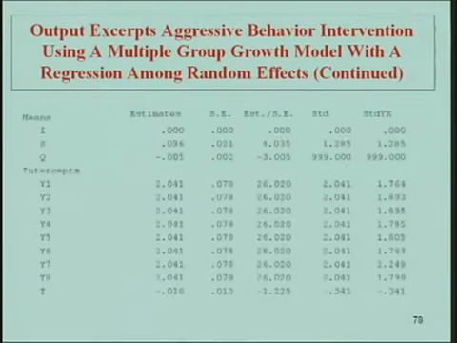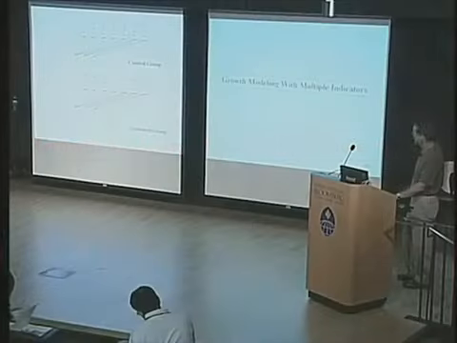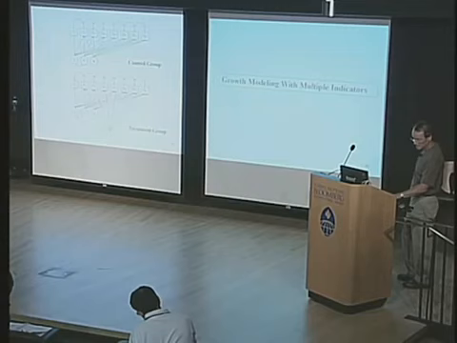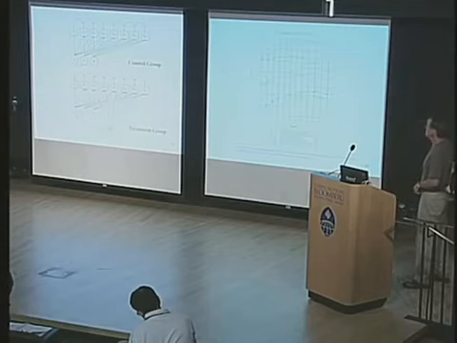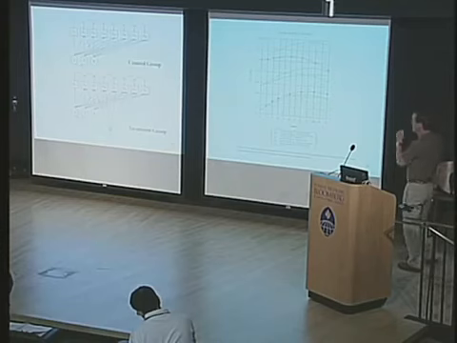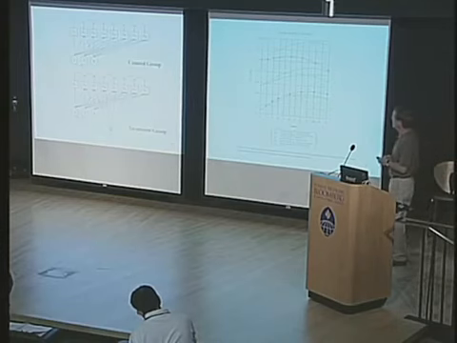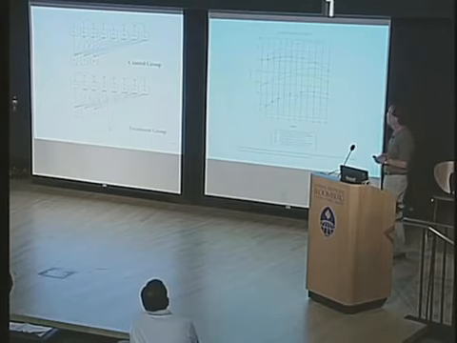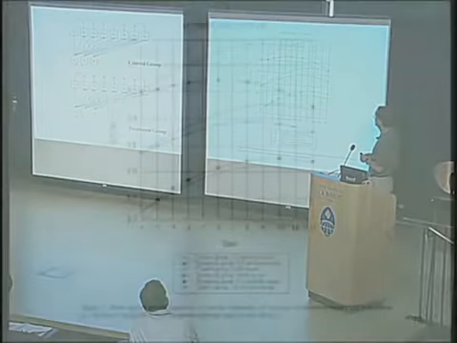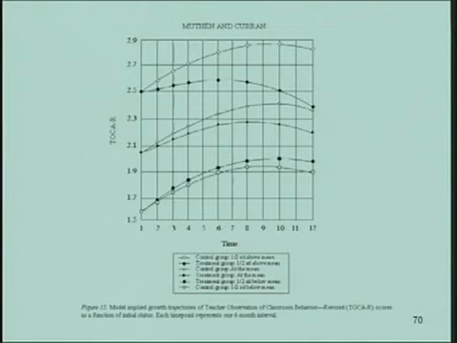Let's see what else we want to say about it. Let me just say this. There is a limitation of this model, and that is that the treatment effect is monotonic in the sense that the treatment effect is low or zero, higher, and higher still.